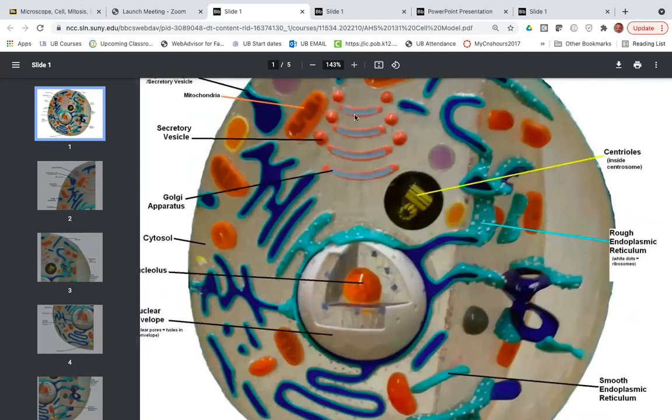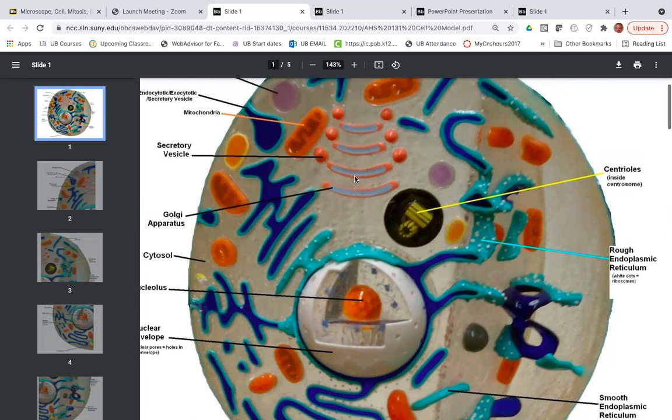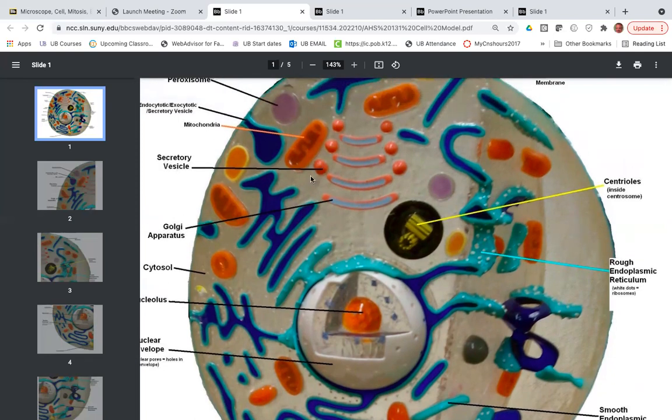Here, the stack of pancakes that we see, the orange package right there, that's the Golgi apparatus. Remember, the Golgi apparatus repackages proteins, and it pushes out the secretory vessels.